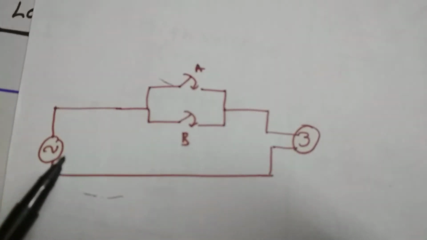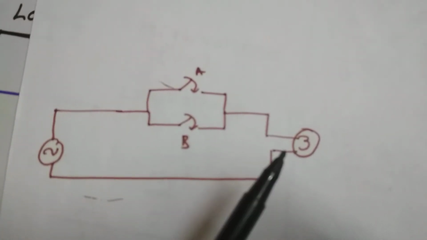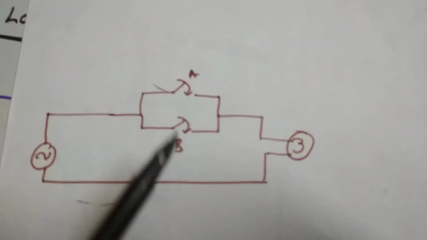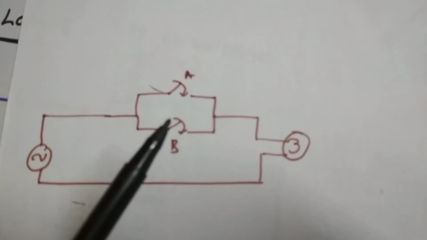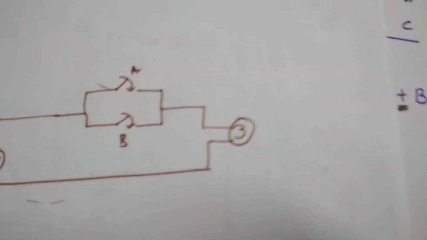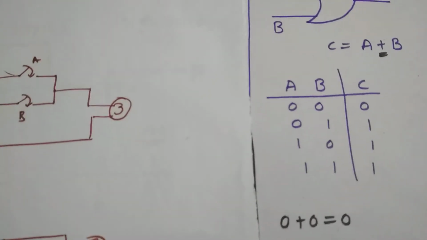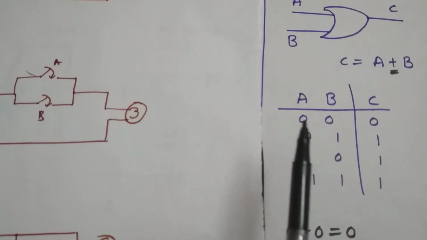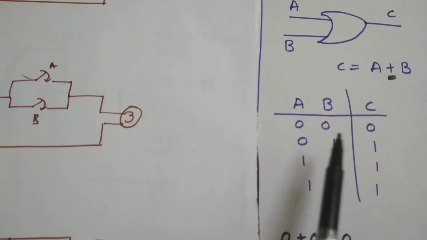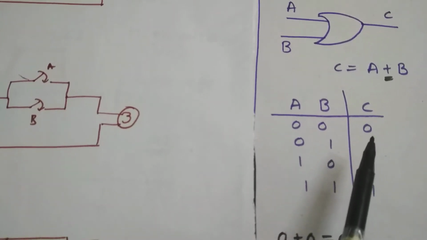As you can see from this, a source will give the power supply to the bulb when any one of the switches A and B is turned on. So if any switch is turned on, the bulb will glow. Based on this circuit diagram, we can have the truth table. When A is 0 and B is 0, that means both are off, then C will not glow. The bulb will not glow.